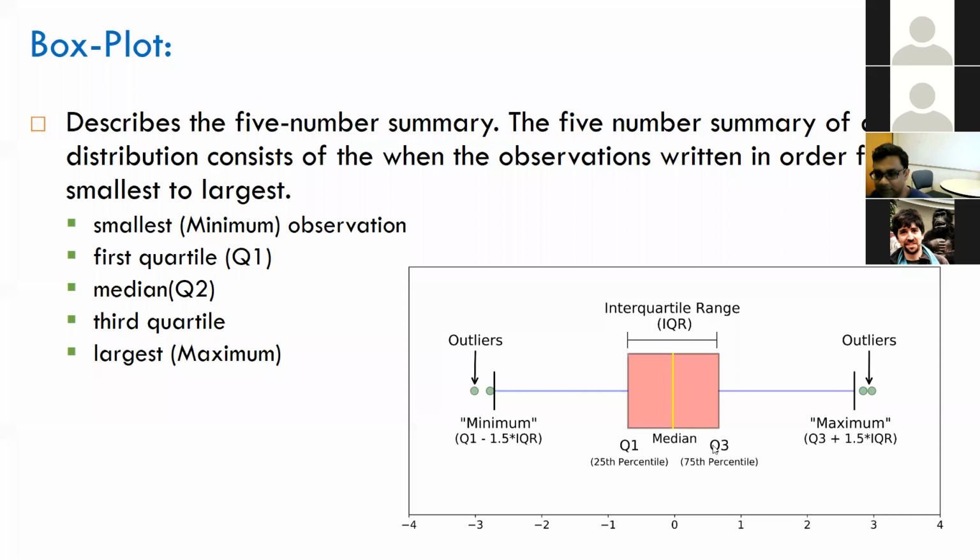And then the difference between Q3, the 75th percentile, and Q1 we call the interquartile range. So based on the interquartile range, you can calculate the outliers, right? Once you get the Q3 and Q1, you get the difference, the interquartile range.